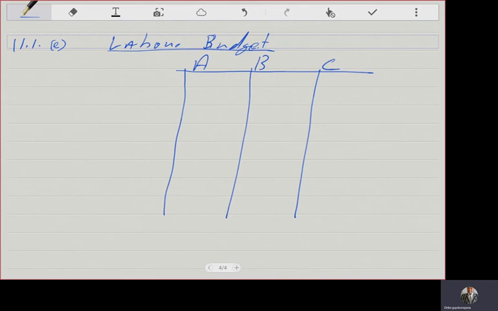Because in this case we've got two sets of, so we need to work out the number of hours. So once again we have to do the workings. Oops, this space won't be enough for me to do these workings.